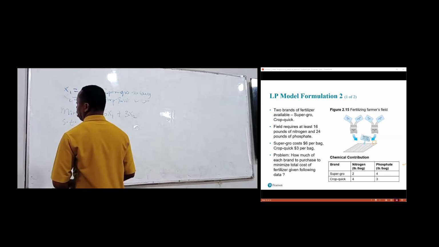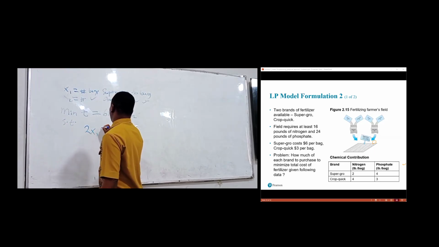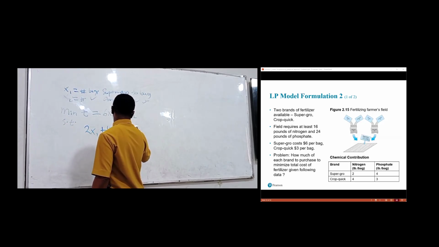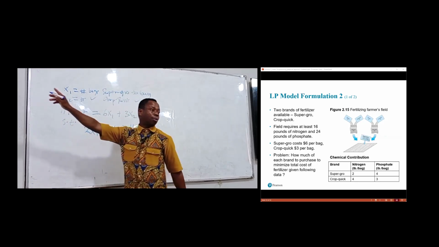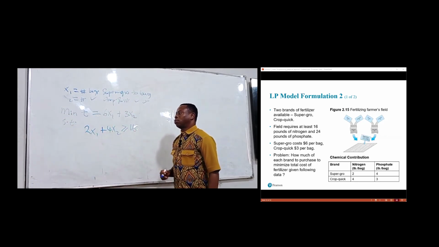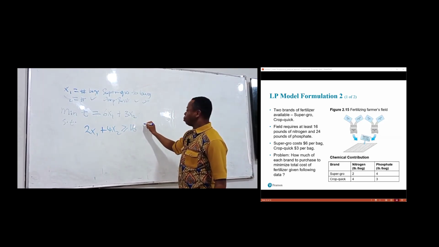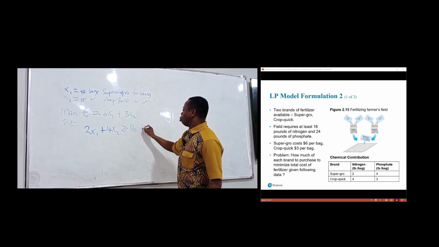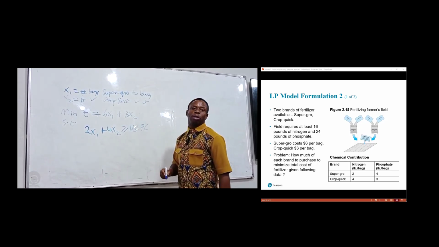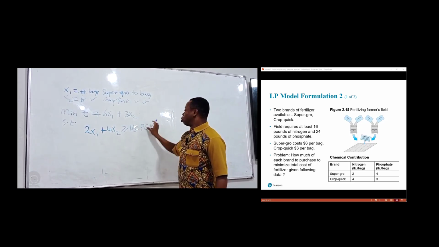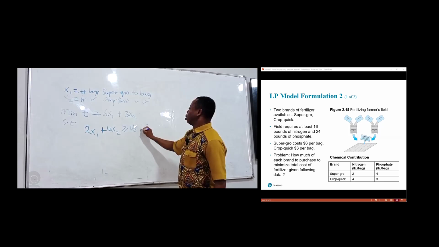So 2x1 plus 4x2 is greater than or equal to what? 16. This is the nitrogen constraint. Sorry, I said phosphate, it's nitrogen.